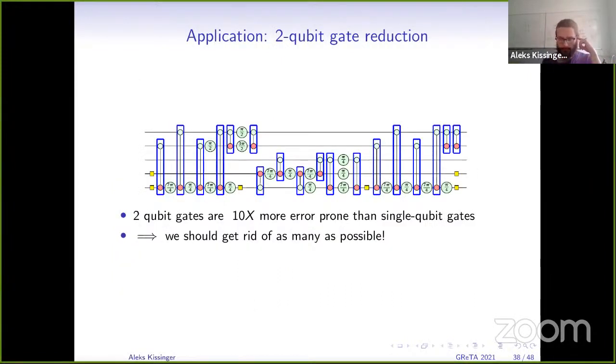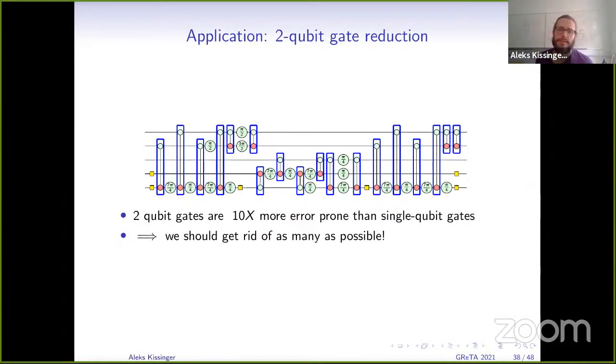Something more relevant to now, so the things that people actually care about now rather than a long time in the future. Those T gates were about fault-tolerant schemes, which we won't have for, I don't know, 5 to 10 years at least.